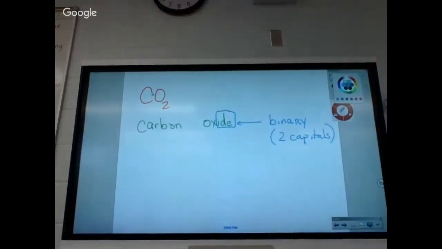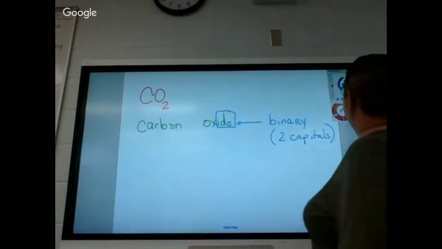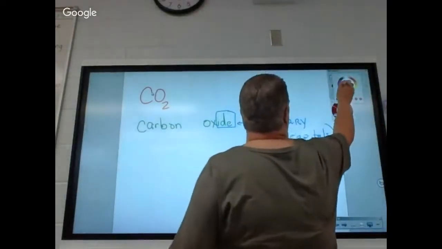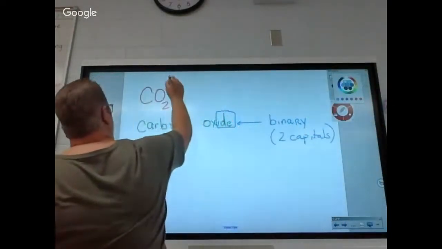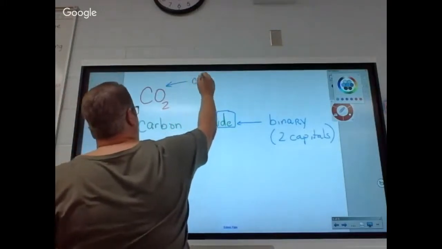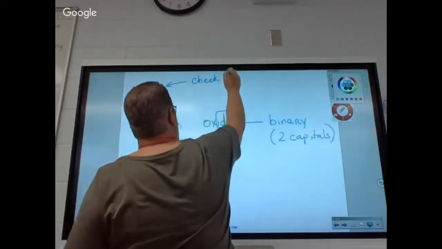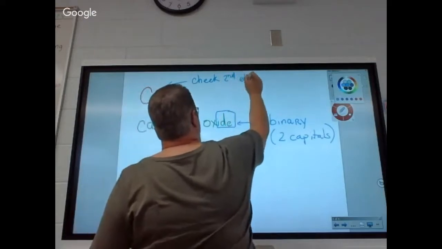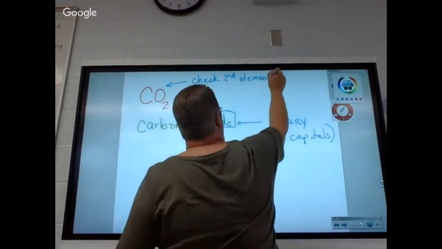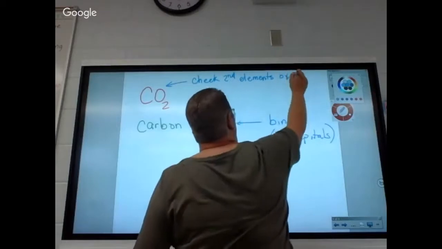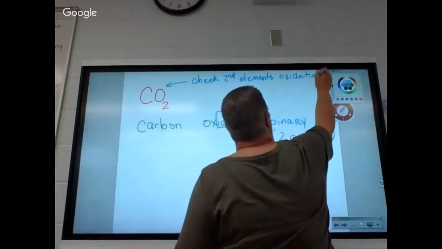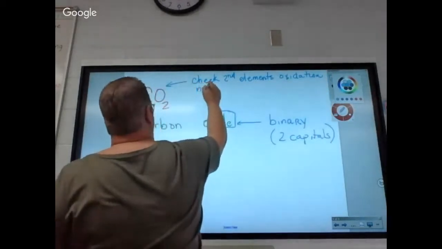Okay. Now, here's the part about the stock system, and this can happen in ionic compounds also, but it happens a whole lot in covalent. Check your oxidation numbers. Use a different color here. Check the second element's oxidation number.